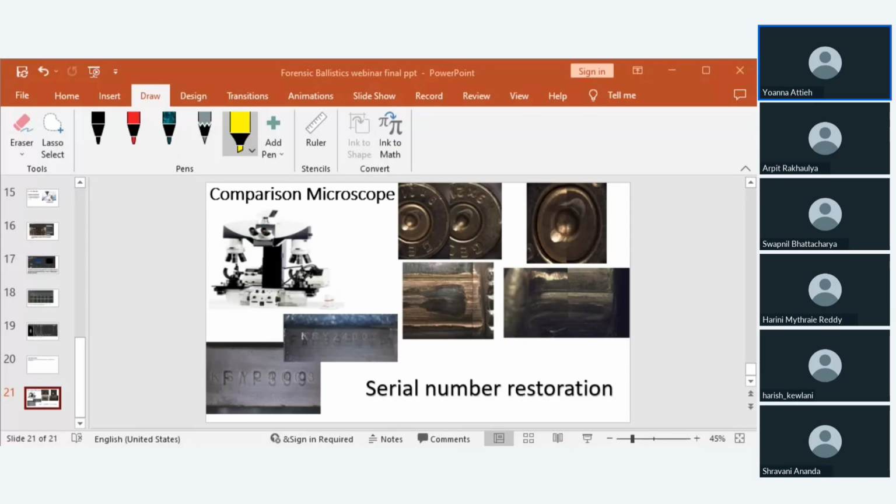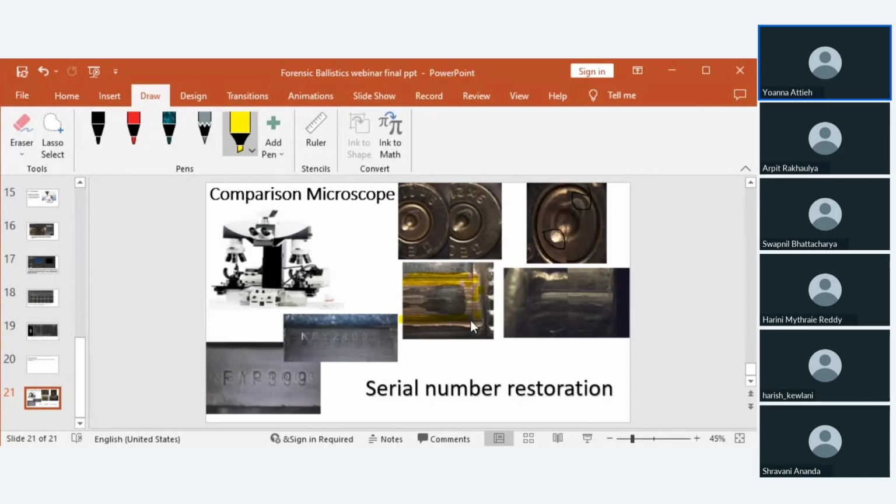I want you to know that the cartridge case mark is this one. This one, guys. Okay, can you see my drawing? And these are the striations. They are very fine lines observed under the microscope.